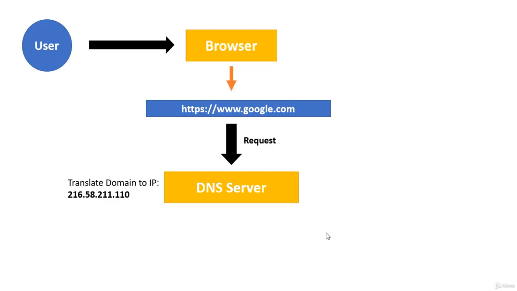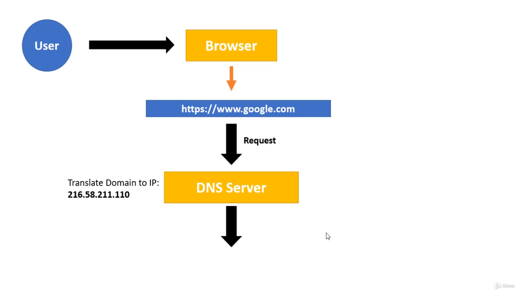So the DNS server translates the domain to its original IP address, that is 216.58.211.110. When you type this IP address in your browser URL bar, you are going to get the google.com official homepage. So this is the DNS server, the domain name server, which converts your domain name into an IP address.